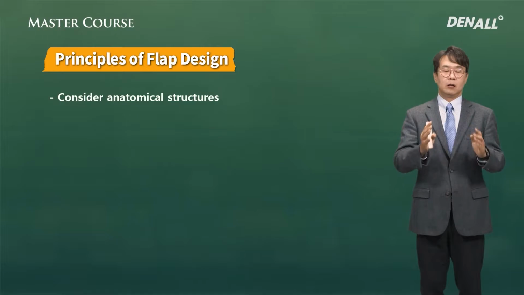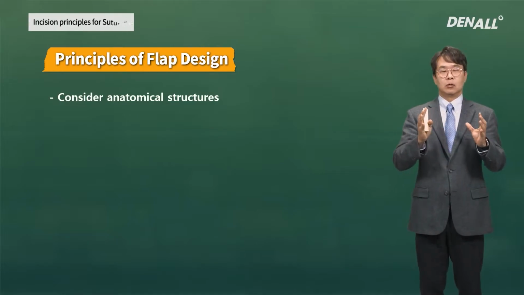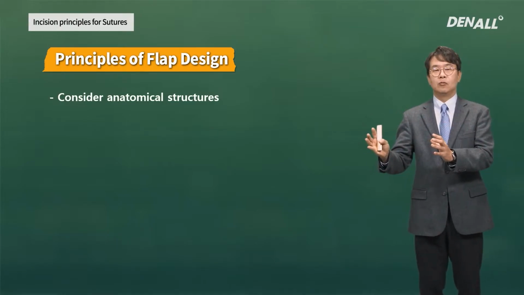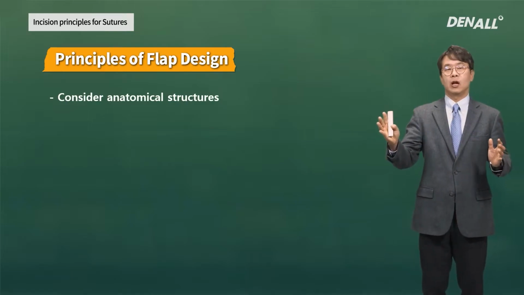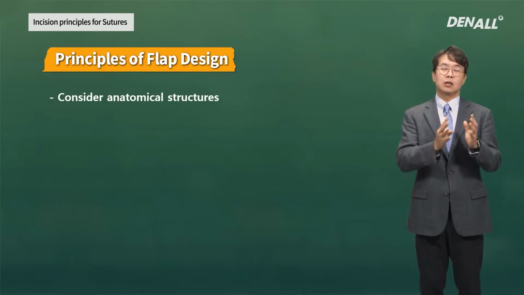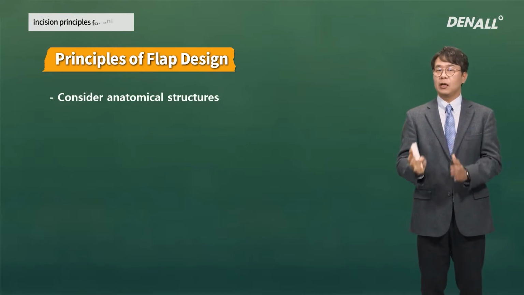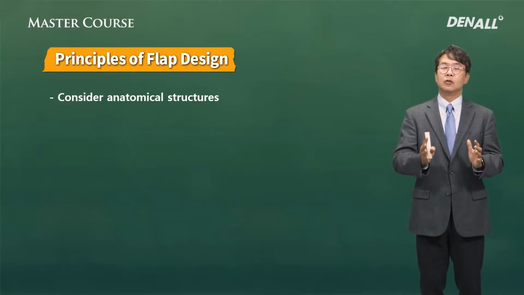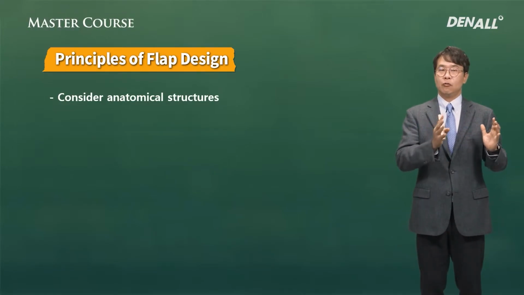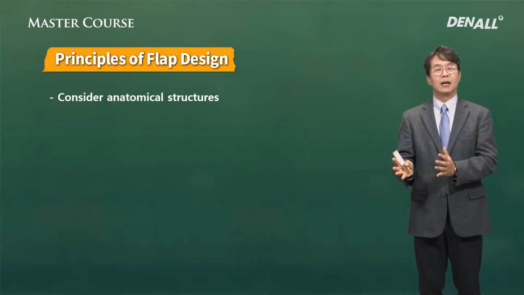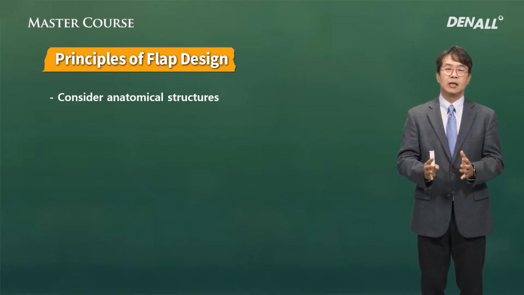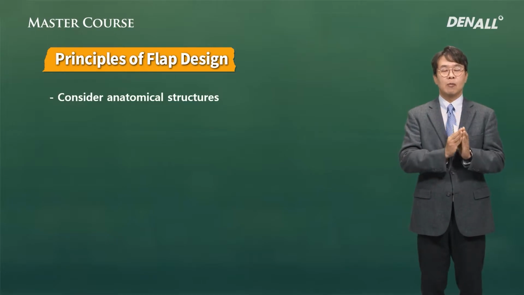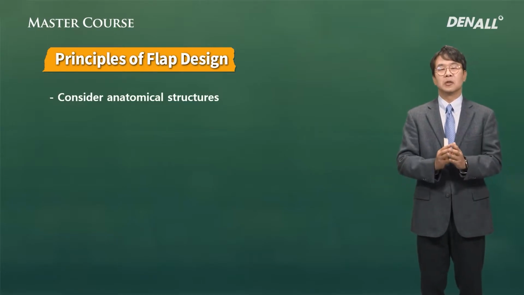That's very important. If the area has a mental foramen, how do we need to make an incision? We need to avoid the area where a nerve exists. So the location of the incision should be understood by considering anatomical structures.